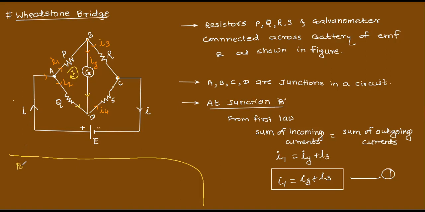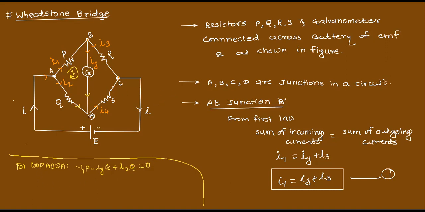So for loop ABDA, in the direction of current minus I1P, then again in the direction of current minus IGG, then in the opposite direction of current, therefore plus I2Q is equal to 0.